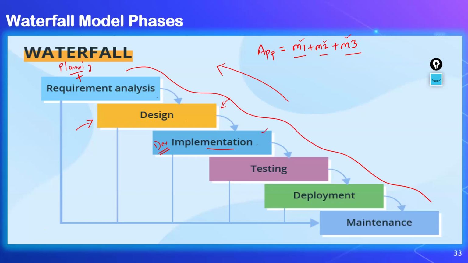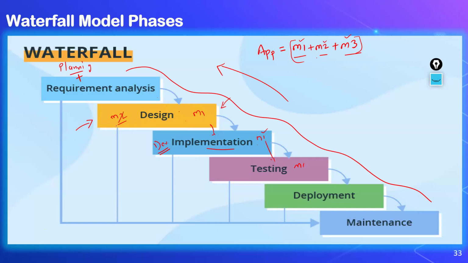The only problem here is that until all of these modules' designs are completed, you cannot go to the development. Until all of these modules are developed, you cannot go with the testing. It's not that you created the M1 design and you can start with the M1 development and then the M1 testing, and in parallel someone is doing the M2 design while M1 is being tested.